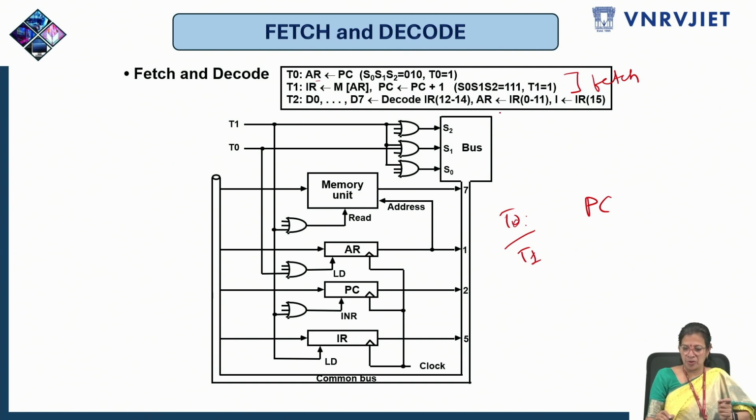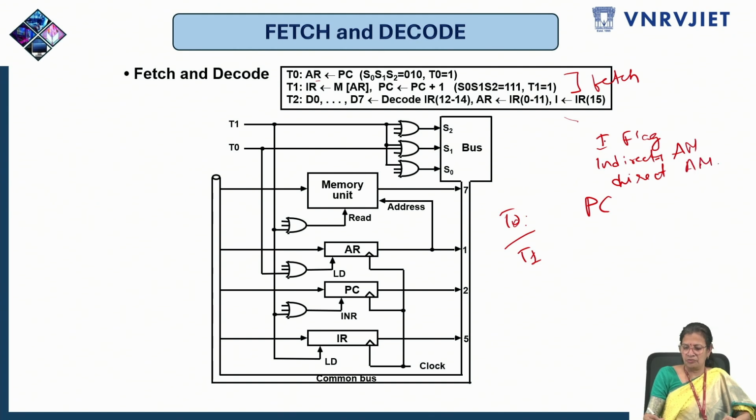The address part, bits 0 to 11, that is 12 bits, will be transferred to the address register in order to fetch the operand from the memory. And whether it is direct addressing or indirect addressing will be sent to the I flag. This flag is used to represent whether it is using indirect addressing mode or direct addressing mode.